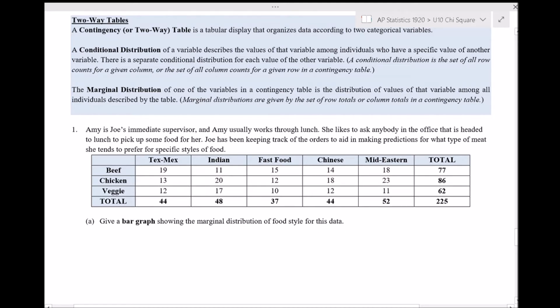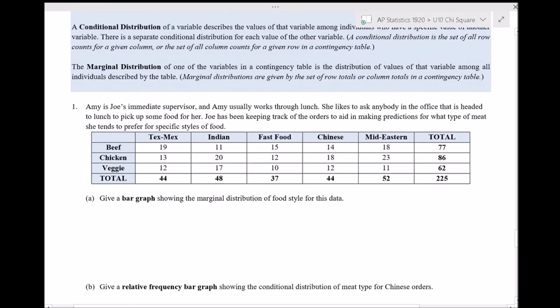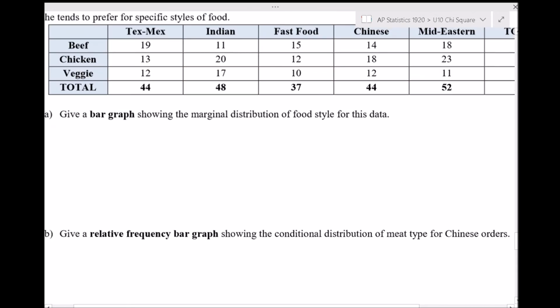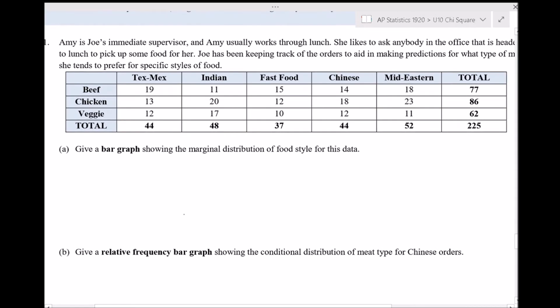Okay, so letter A. Give a bar graph showing the marginal distribution of food style for this data. So what I was just talking about. So a bar graph only showing the marginal distribution for food style. And I didn't give myself that much space here, but I get to zoom in. So let's try that. X-axis, which I might need to make a bit longer. So this is food style, or food type, and style probably better.